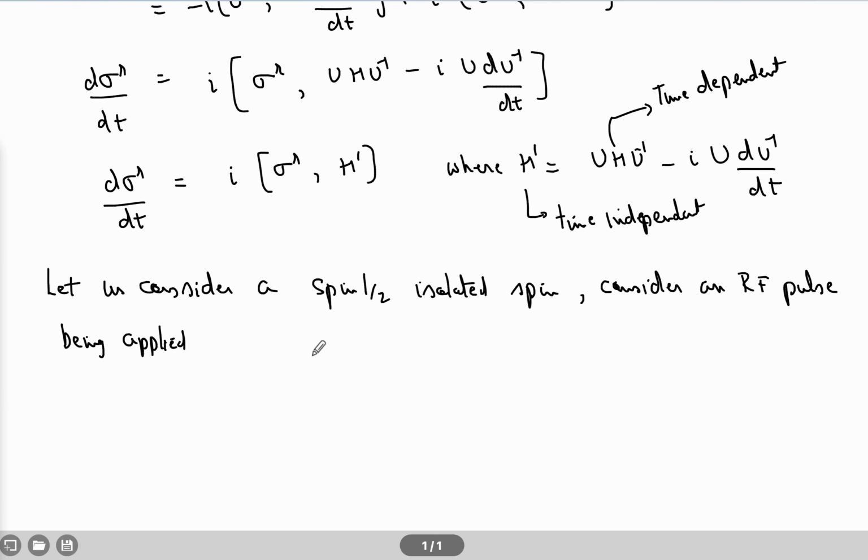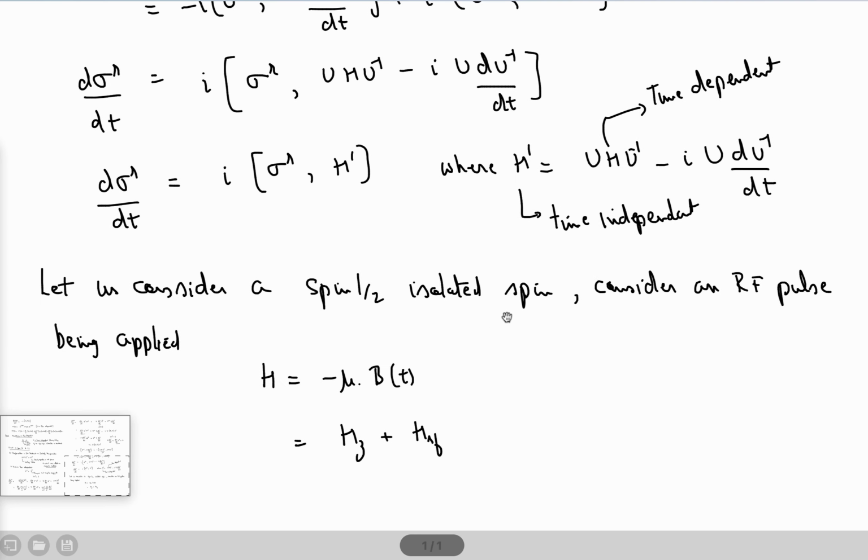Okay, so now what will be the form of H in case of an RF pulse? So we know that the Hamiltonian will be given by minus mu dot B(t). And what are the active magnetic fields which are present during an RF pulse? So then it will be Hz, that is the Zeeman part of the Hamiltonian, and the RF part, that is the pulse part of the Hamiltonian, right?